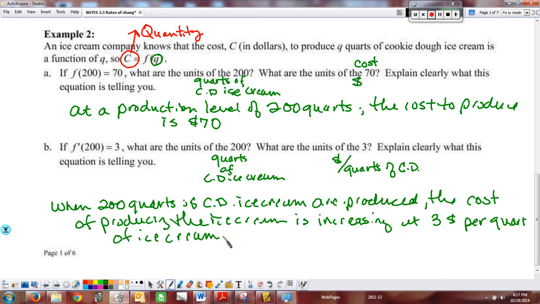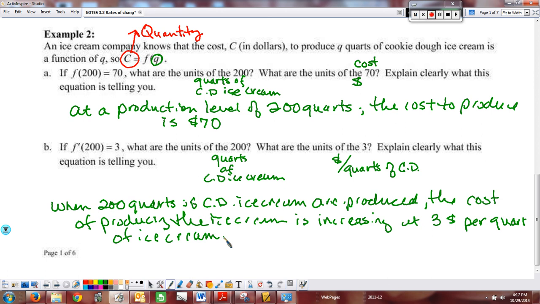But maybe back when I had 100 quarts and I want to look at the cost of producing another quart when I have 100 quarts currently being produced, maybe that's a lot more because maybe once I get to 100 quarts, I have to buy new machinery. So maybe then dividing the cost of new equipment into the idea in order to make more of them, maybe my slope is higher at that point in time.